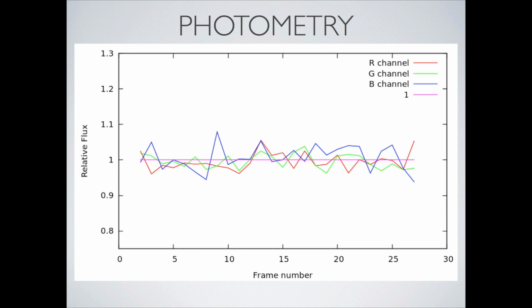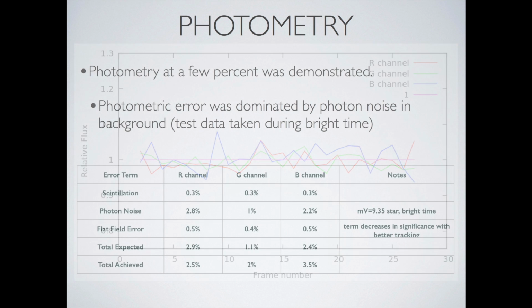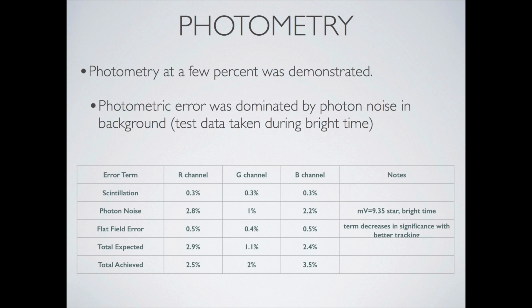For each of them, we measure the flux, and the distribution of flux, depending on the color, is around 2 to 3%. If you combine the three colors together, it's better than 2%, and that's just in 1 minute. So we have reached a sensitivity that demonstrates that we can calibrate quite well pixel effects, and also reach a sensitivity where we can actually look for transits around other stars.